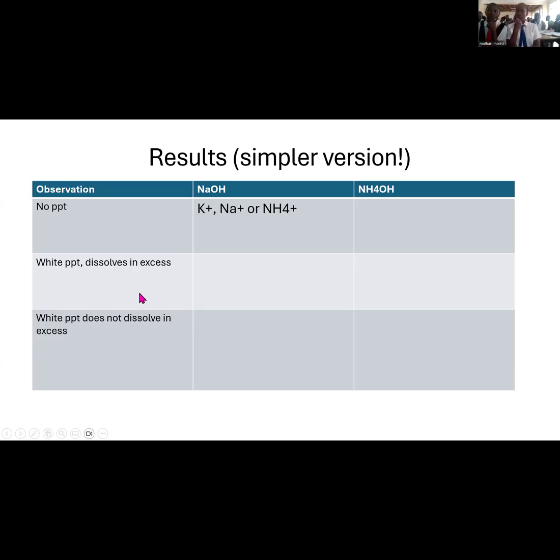If there is a white precipitate which dissolves in excess, zinc, aluminium, or lead. Now, these are often described as the amphoteric metals. And some teachers ask you to remember ZAP: zinc, aluminium, and P for plumbum, Pb. Okay? So that's what's happening there.